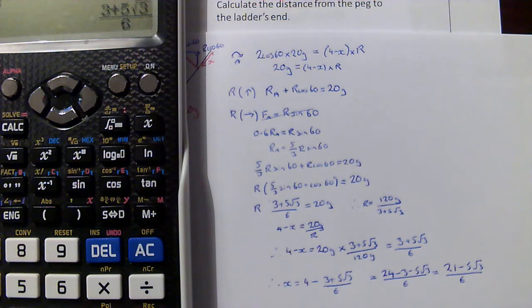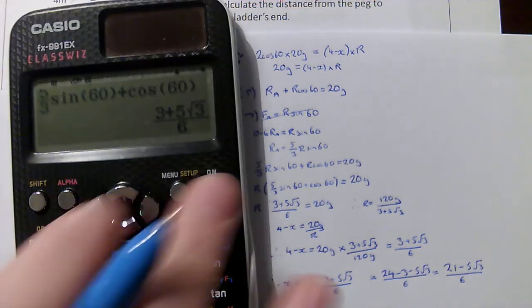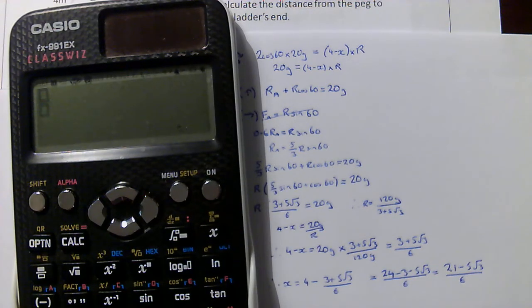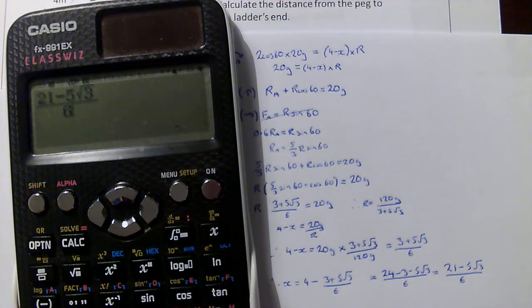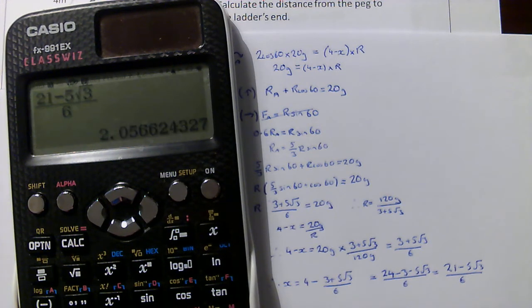If you wanted that as a decimal answer, 21 minus 5 root 3 over 6 gives you 2.06 meters.